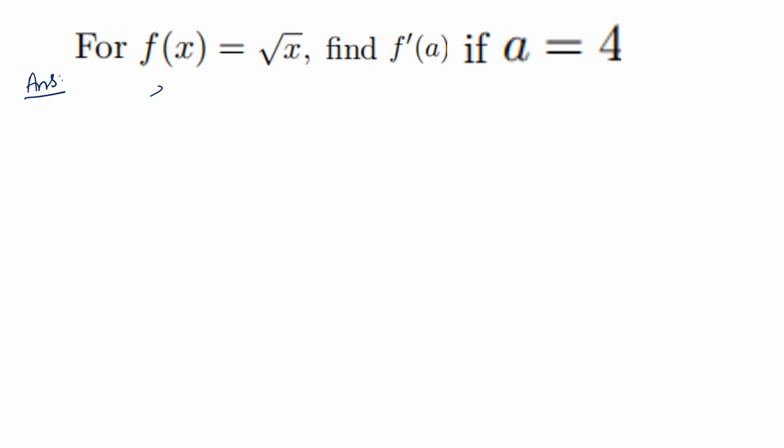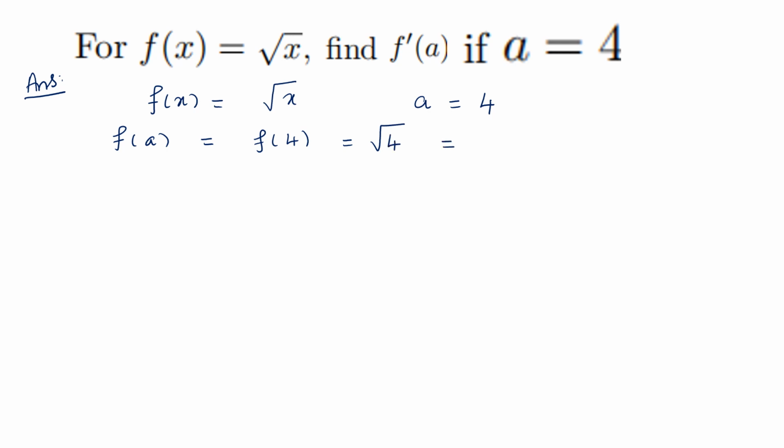What is the given function? f(x) equal to square root of x, and here it is clearly mentioned a equal to 4. How to find out f(a)? f(a) equal to f(4). f(4) equal to square root of 4.